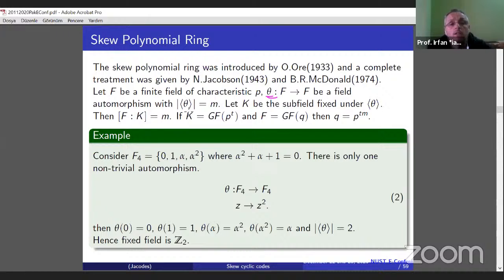We need an automorphism, really. So, a field automorphism. If we pick F4 with these particular elements, where alpha is not in Z2 but has a specific constraint, then the famous automorphism will be the Frobenius automorphism, meaning taking the characteristic of the field. And the Frobenius map is defined over the extension of 2.